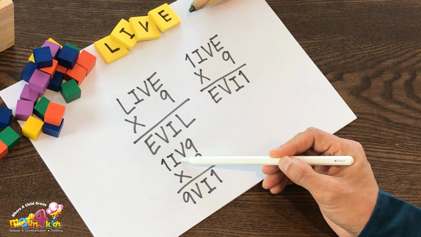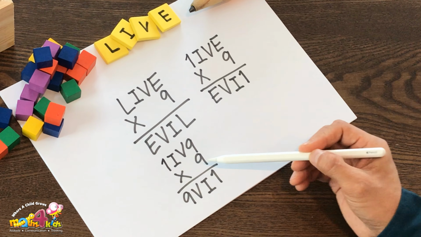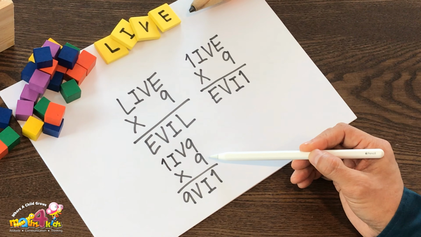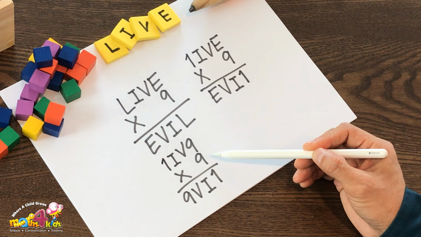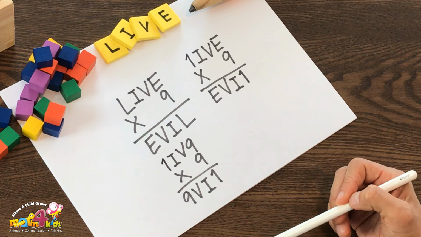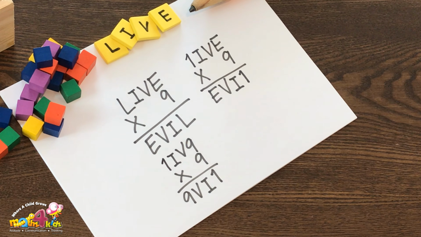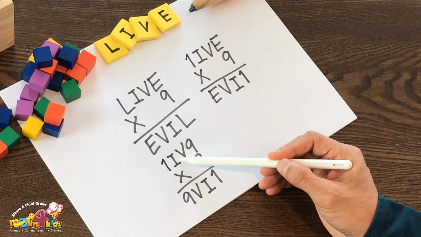It cannot be 2, because with 2 in the hundreds place, when we multiply by 9, we end up having to rename, and then adding to the 1000 we will not get the 9,000. So I has to be less than 2, which means it's either 0 or 1.